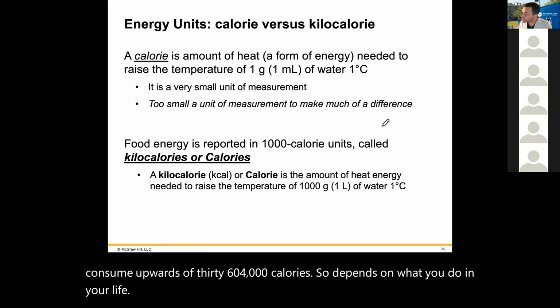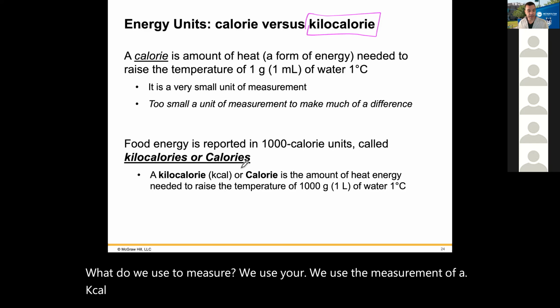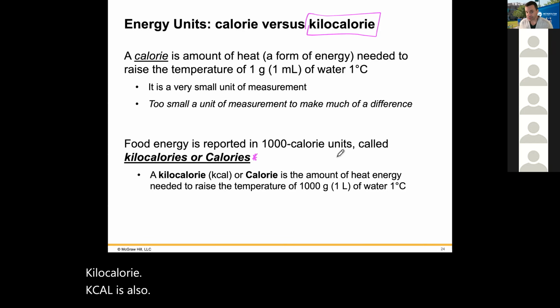What do we use to measure? We use the measurement of a kilocalorie. Okay, a kilocalorie is also a capital C calorie. A little c calorie, we don't use. Why?